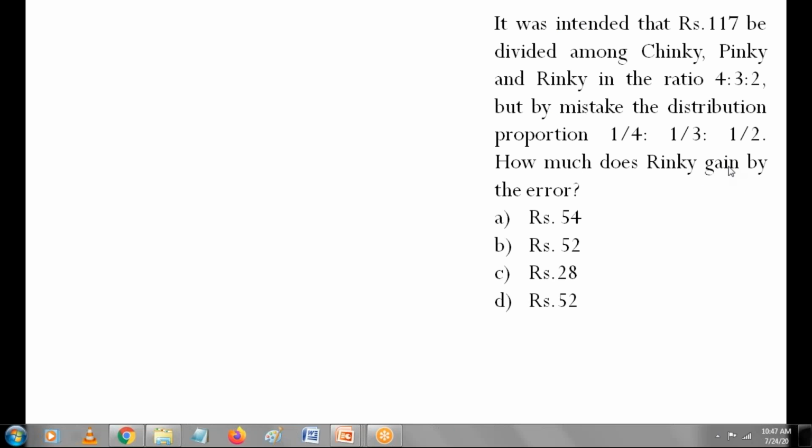Now let's see a question related to that. I discussed just now one basic point. Now let me discuss the question related to that, how to handle it. The amount of 117 rupees is going to be divided among Chinky, Pinky and Rinky. So 117 should be divided among C, P and R in the ratio 4:3:2.